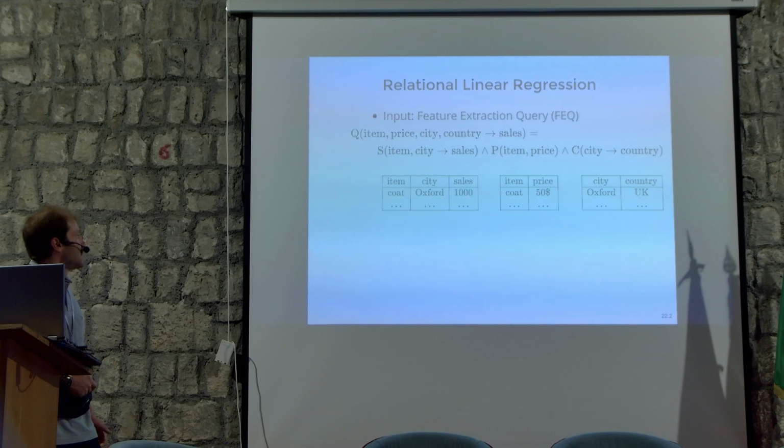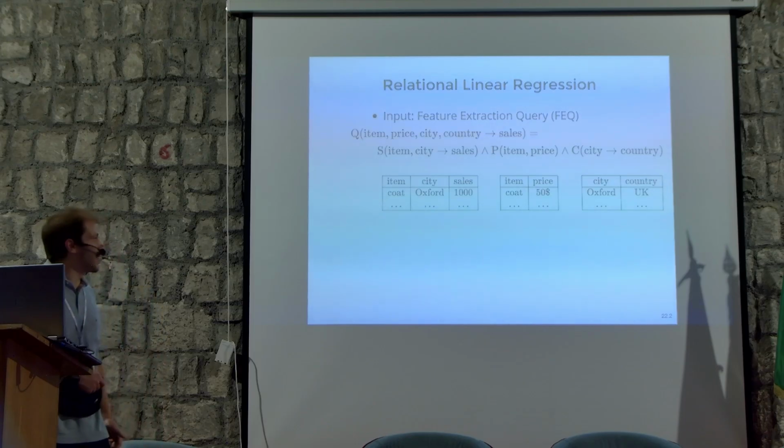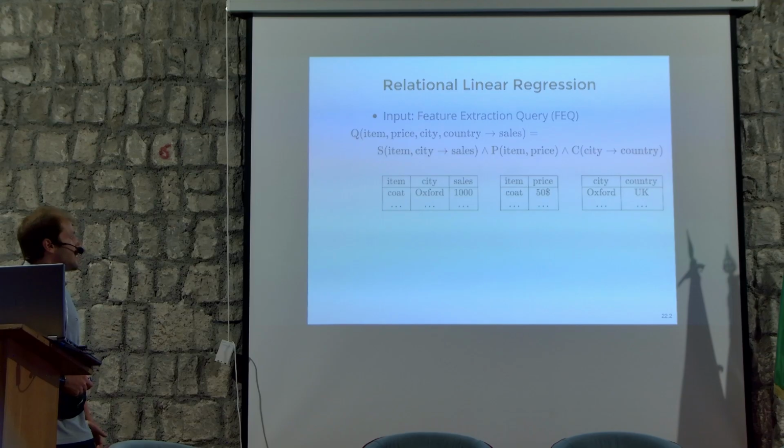We have another table for item and the price. There isn't necessarily a functional dependency here, as I'm assuming that the same item could have multiple prices in different places. And then there is a table that maps city to a country. And we are given this query, which maps item, price, city, country into sales.